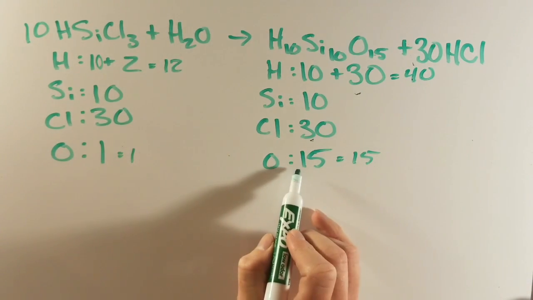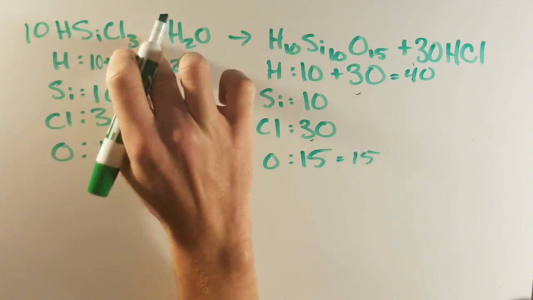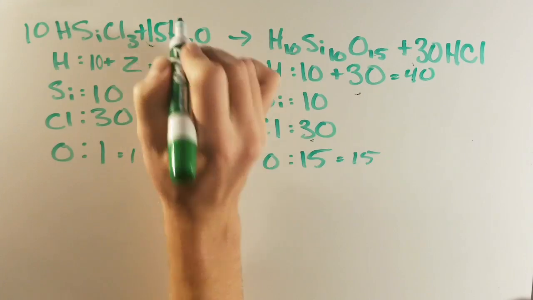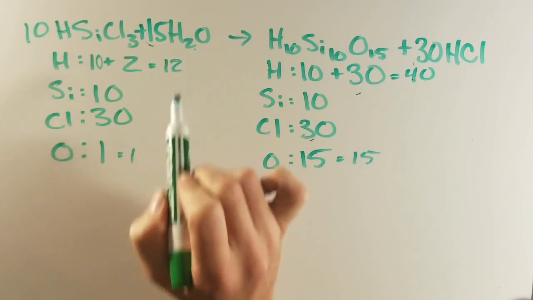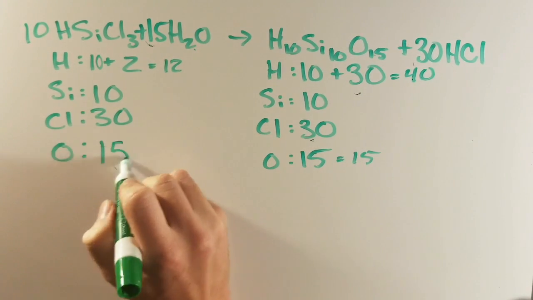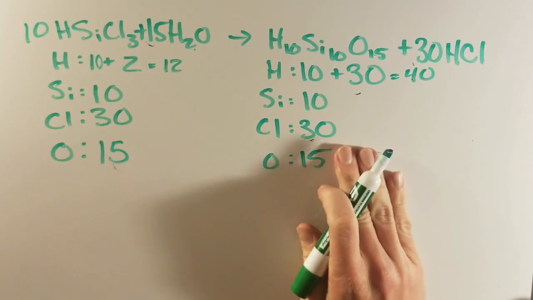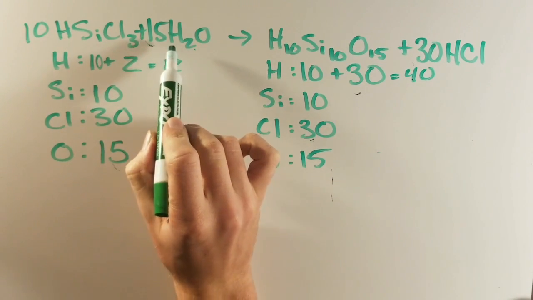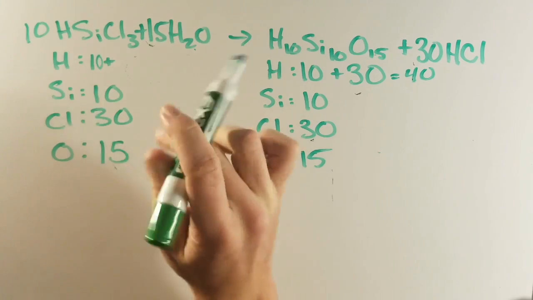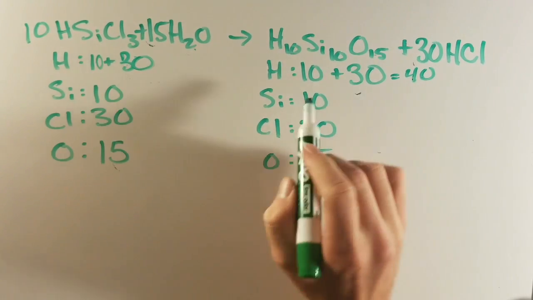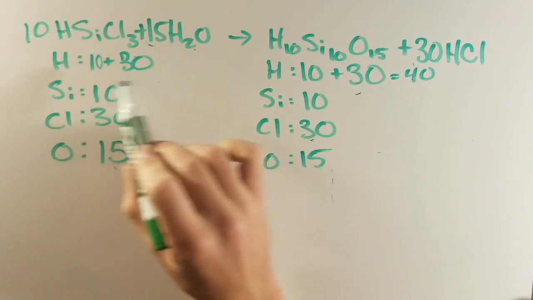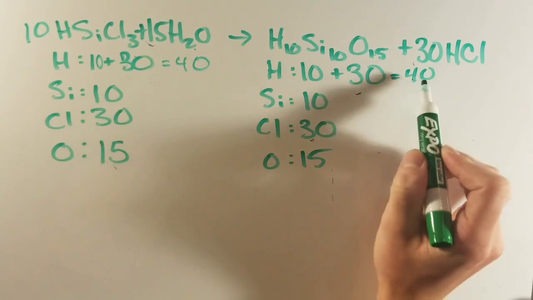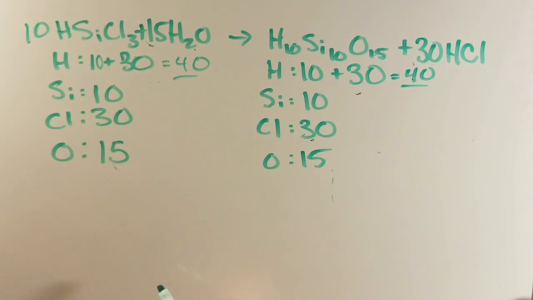So if we just made the oxygens equal, we would have 15 oxygens on the left side and 15 oxygens on the right side. And let's see if that fixes our hydrogen problem. That makes 30 on the left. And let's see, we have 10 plus 30, 40. Perfect. So everything's satisfied on both sides.